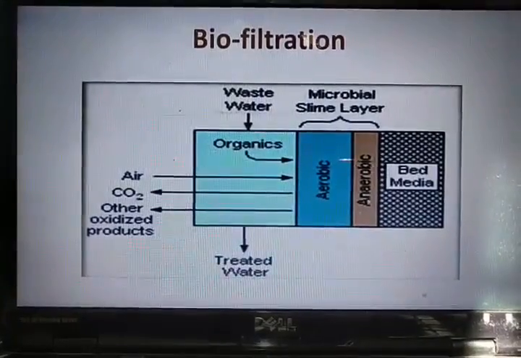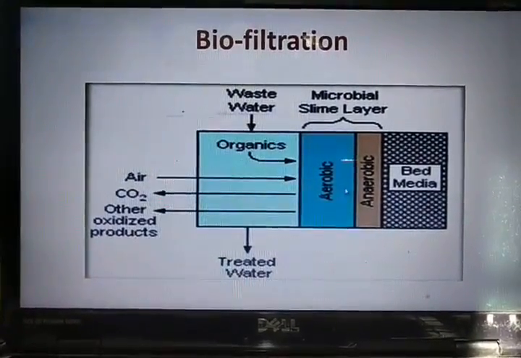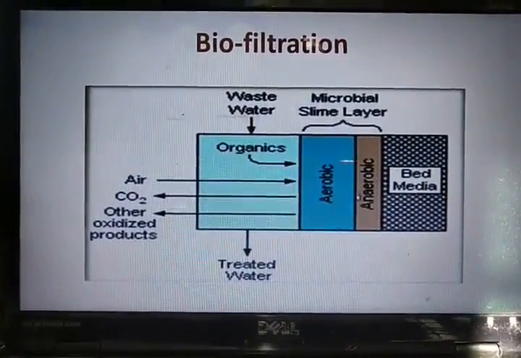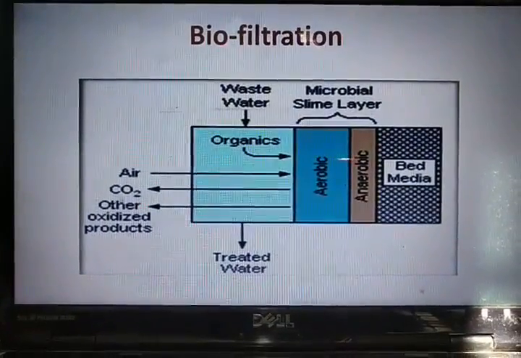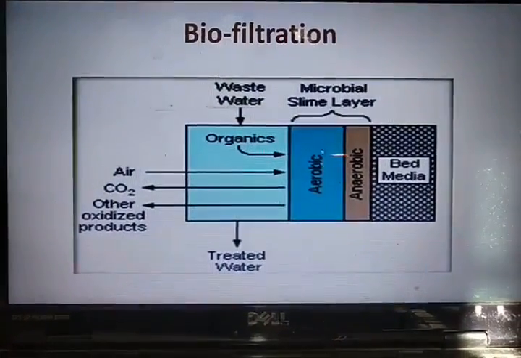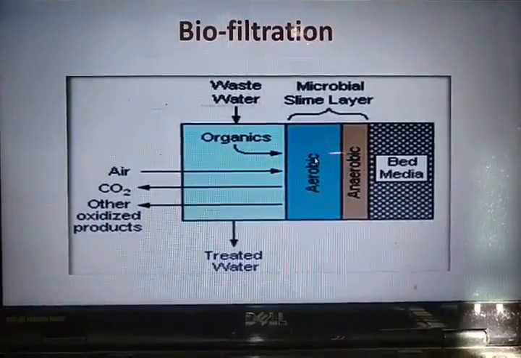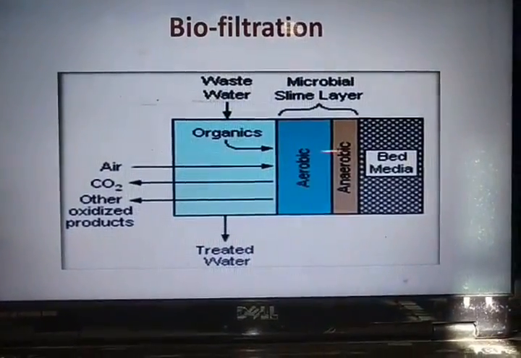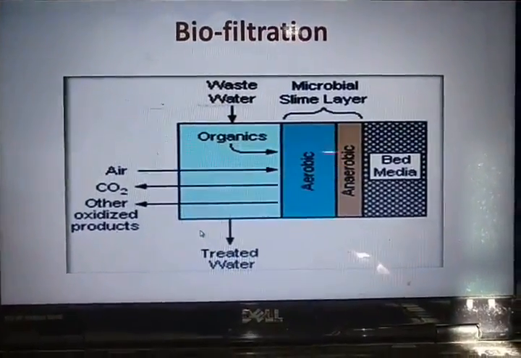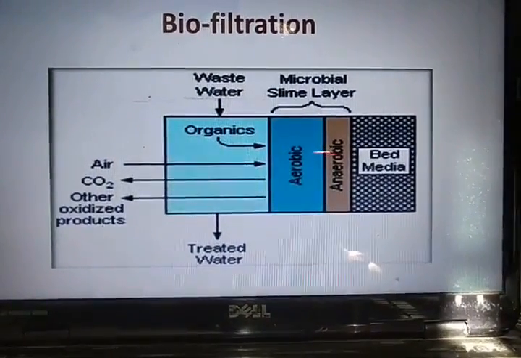Slowly, with the passage of time, this layer will fall off from the filter bed, thereby removing most of the microbes from the effluent water. And this is the treated water you get out by using biofiltration as a pre-treatment option.